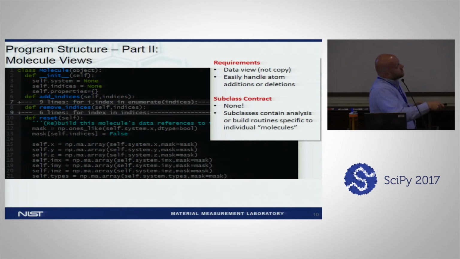There are some issues with masked arrays. They don't always do what you'd expect. Sometimes when you operate on the masked array, it just operates on the whole underlying array instead of the masked part. But overall, if you're careful, this can be a memory efficient way to interact with your system without having to copy data around a whole lot.